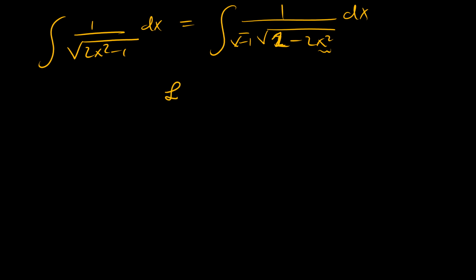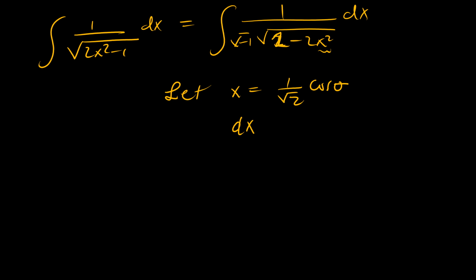So with something that would be in the denominator, and that would be maybe saying let x be equal to 1 over root 2 cosine theta.